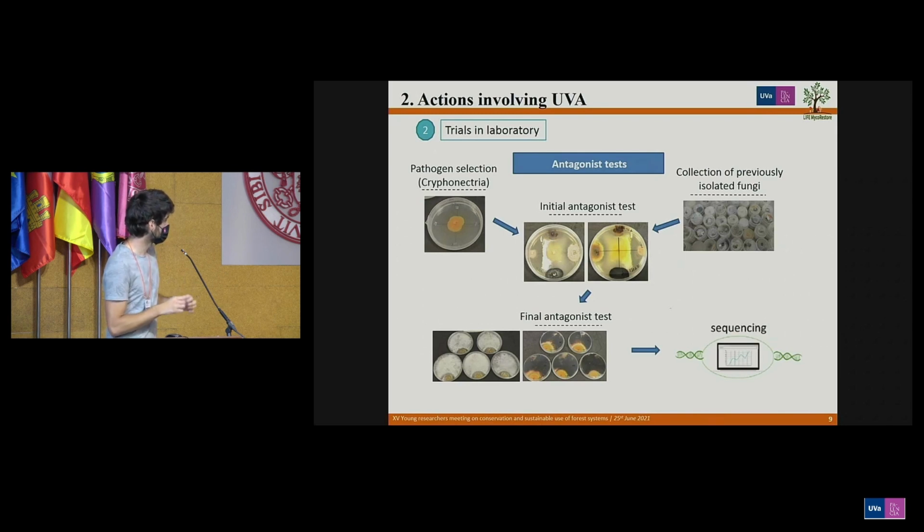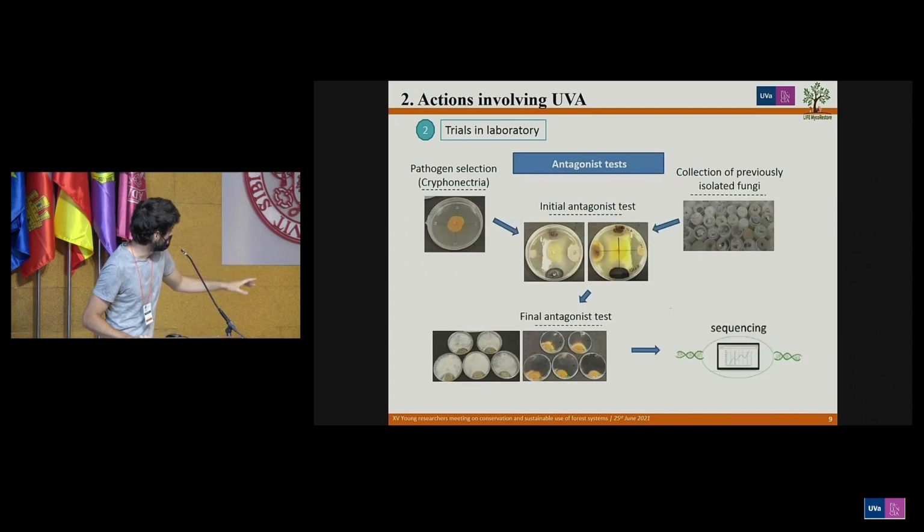At the initial step, we put four fungi from the collection with the Cryphonectria, and if we see some antagonist effect, we pass to the final antagonist step, in which we put one fungi in front of the pathogen. And then if we see that we have an antagonist effect, we send it to sequence to know which fungi it is.